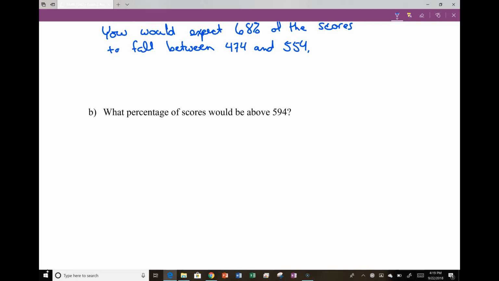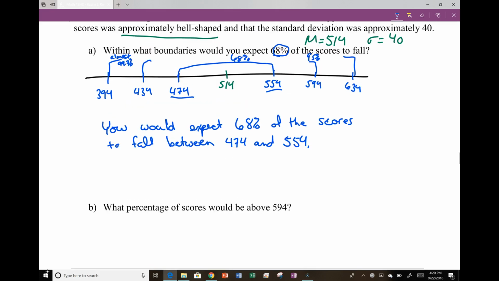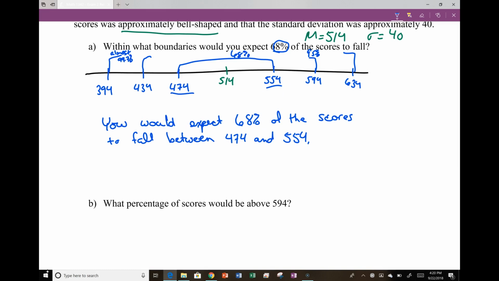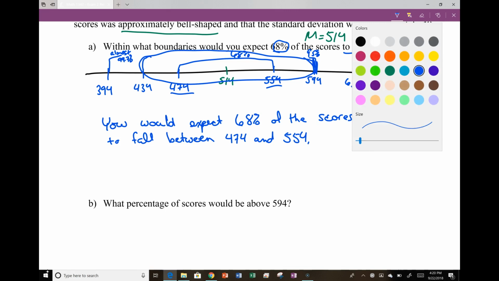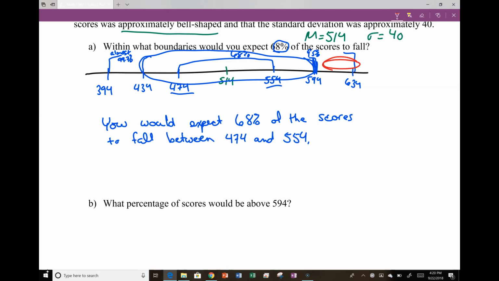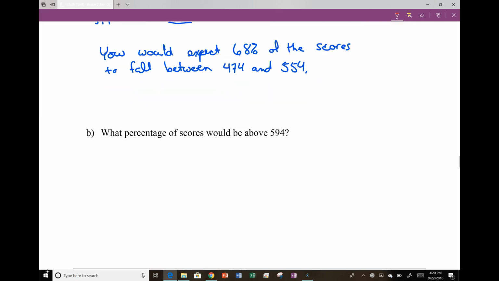What percentage of the scores would be above 594? So let's go back and look here. So here's 594, and I know that between these two values is 95%. I want to know about these values out here. So what we can do is take 100% minus 95, which gives us 5%.